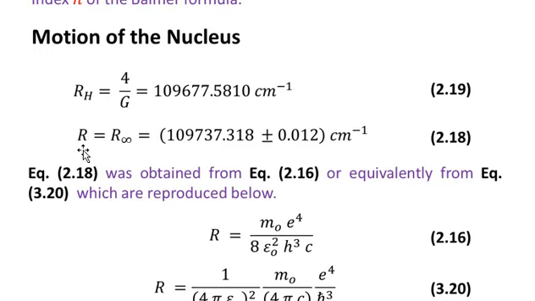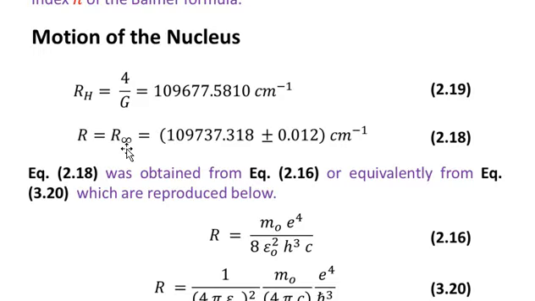And the other value, R, obtained using Bohr's atomic model, is R equal to R infinity, because R infinity is also relevant to the ionization energy of the first electron of the hydrogen atom. That is why we have used R infinity, the term which was introduced in slide number 2. So I am also using R infinity over here, so that you can identify that this is the same number.